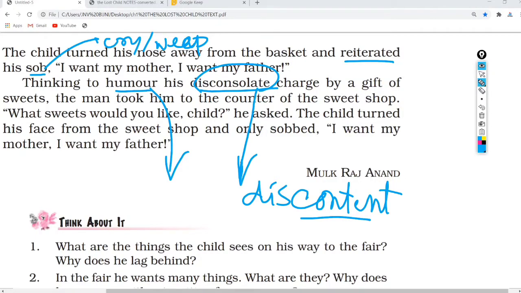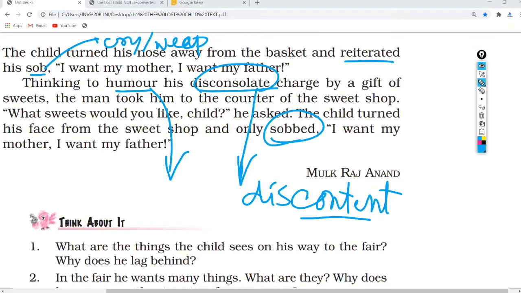He took him to the sweet seller and offered him sweets. And what sort of sweet he wanted was asked by the man. But he turned away his face from the sweet shop and was simply repeating his own weep. He wanted his mother and he wanted his father.